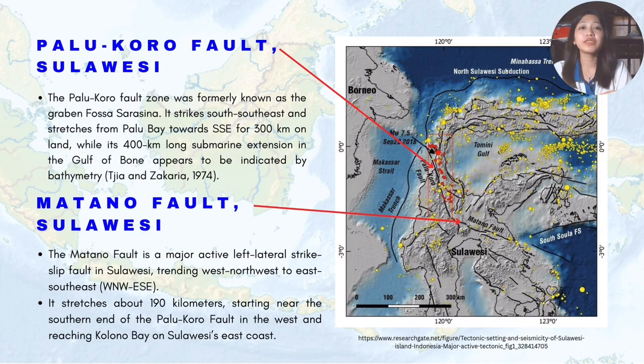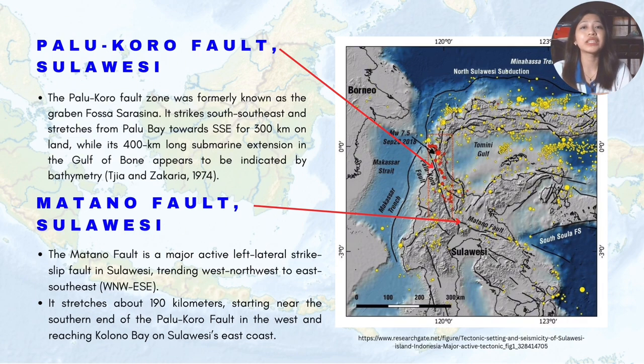And on September 28, 2018, this fault, the Palu Koro, caused an earthquake known as the 2018 Sulawesi earthquake and tsunamis, having a magnitude of 7.5 to 7.6 that struck about 70 kilometers or 43 miles from Palu, the capital of Central Sulawesi.